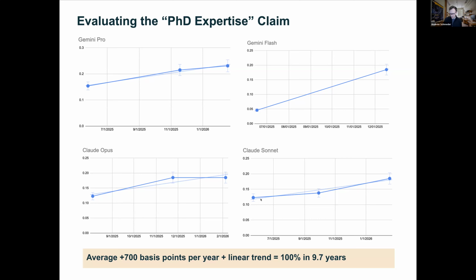And Sonnet has been improving nicely. On average, these models are improving something like 700 basis points per year. So on current trends, if it continues at a linear pace, this benchmark would saturate at 100% within around 10 years.